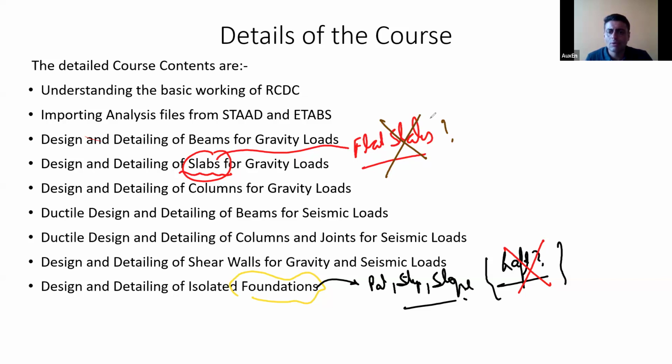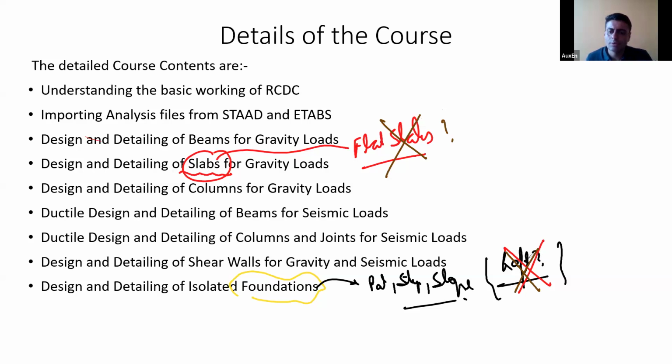So it's only able to do your two-way slabs or one-way slabs as per the IS 456 codal provisions which are given, and it will only be able to do them using the coefficient based method. So RCDC you cannot use for flat slabs. You cannot use RCDC for rafts. Same reason, because it cannot do the analysis design as per the finite element techniques.